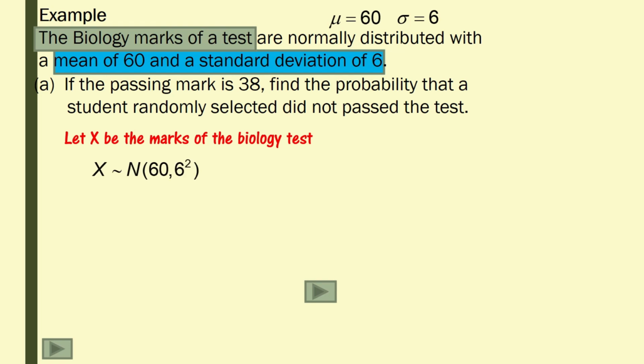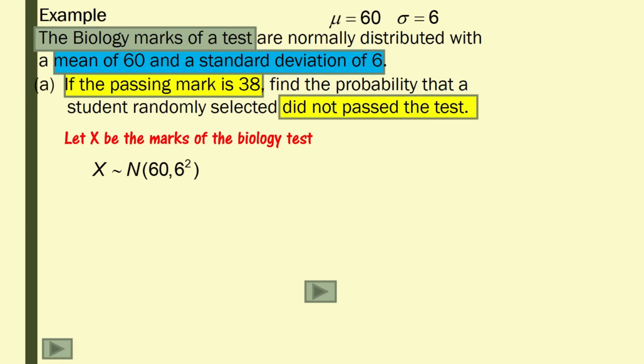X has a normal distribution with mean 60 and standard deviation 6. If the passing mark is 38, find the probability that a student randomly selected did not pass the test.